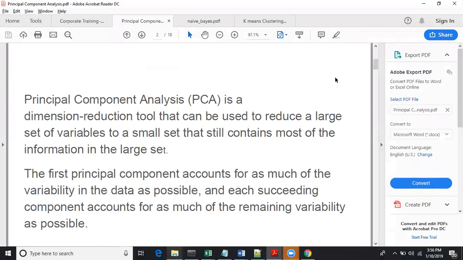So what is principal component analysis actually used for? Some sample data we have seen have only 10 or 13 columns, right? Features.